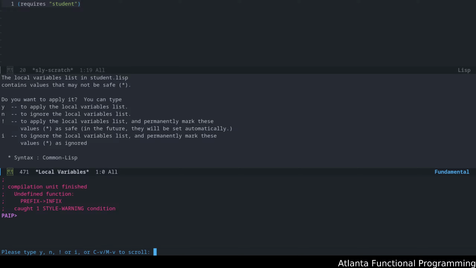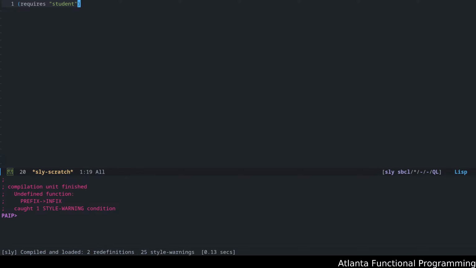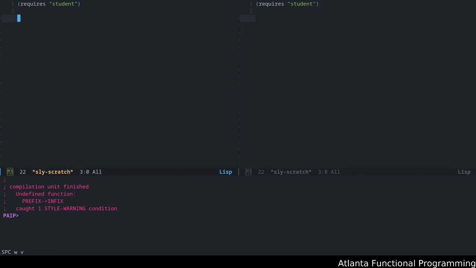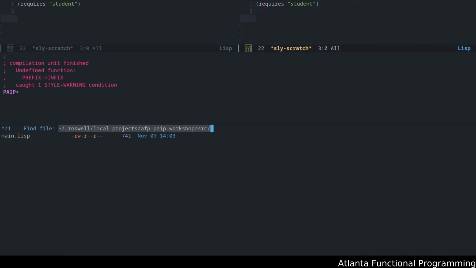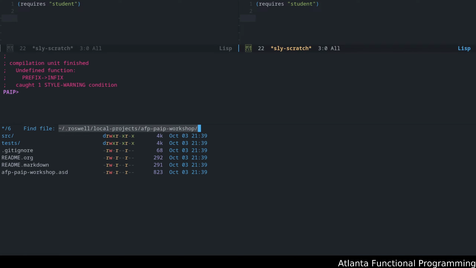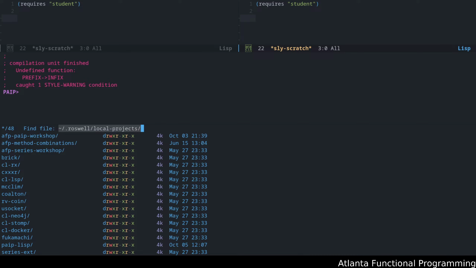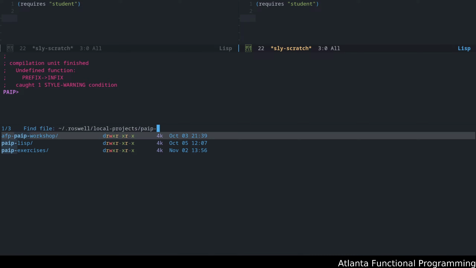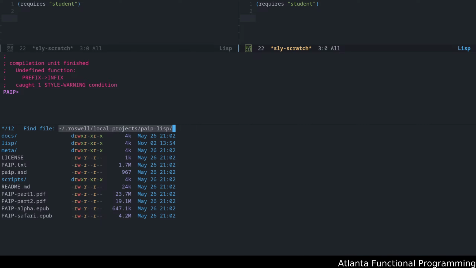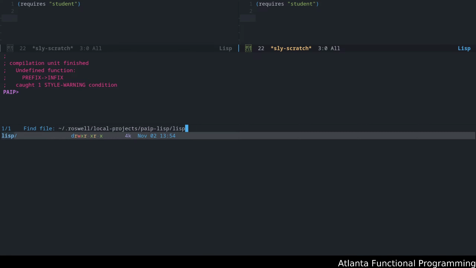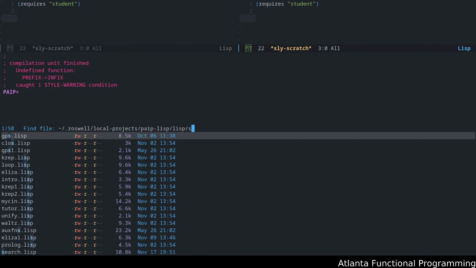It's a utility function that was written to load in a lot of these definitions. All right, so now let's go back to what I had open earlier, but I'm going to have to reload it myself. Go to PAIP Lisp, and then in Lisp, go to student.